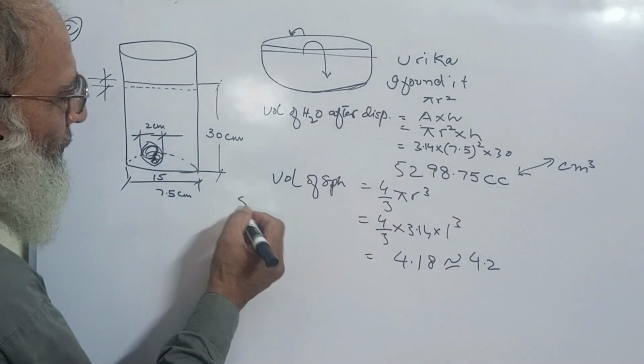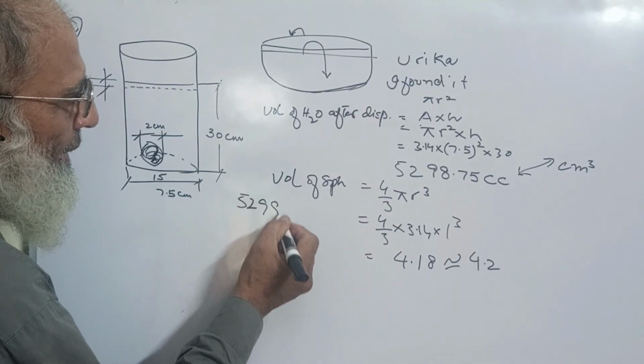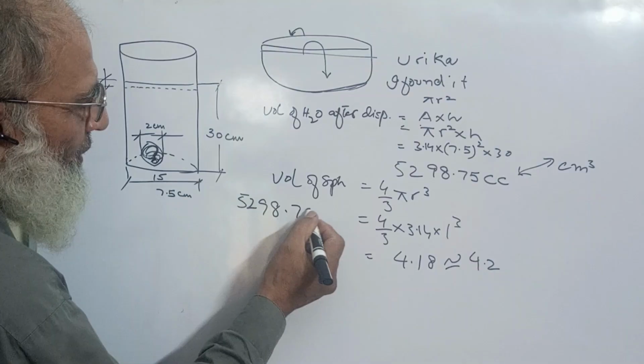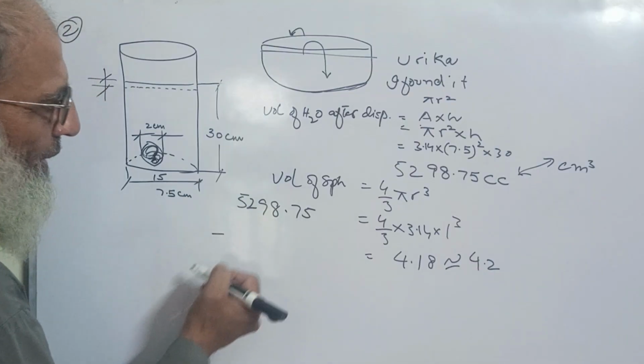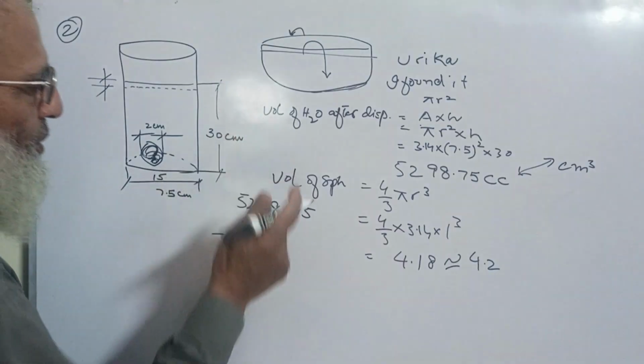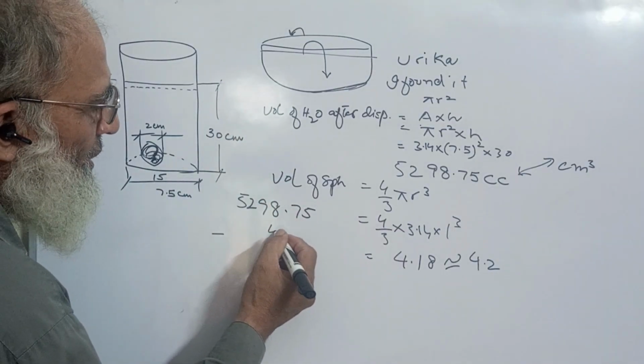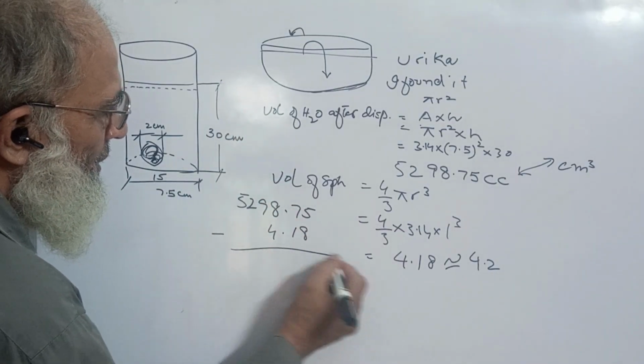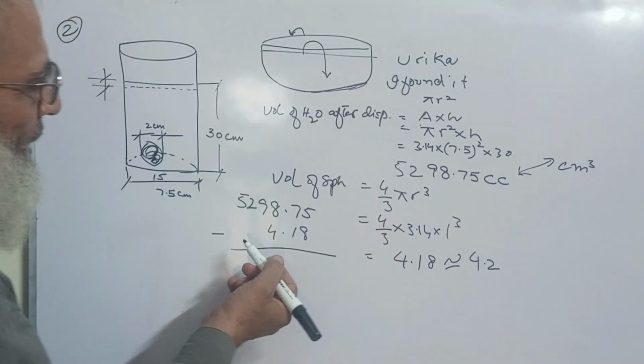What will we do? We will subtract this volume from this volume, 5298.75 minus 4.19. It is very easy now.